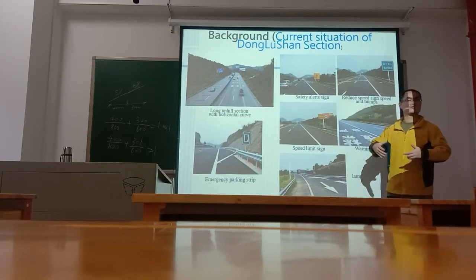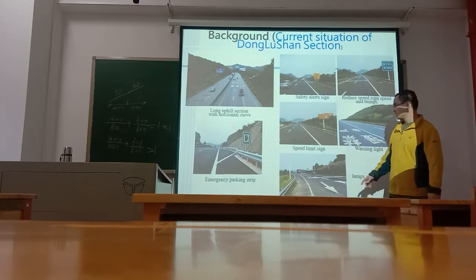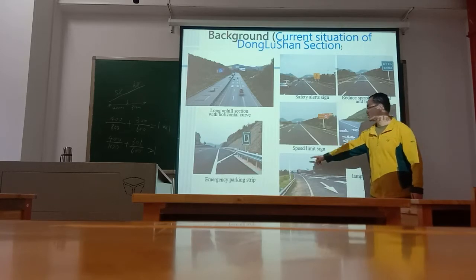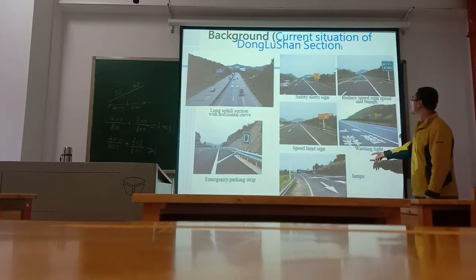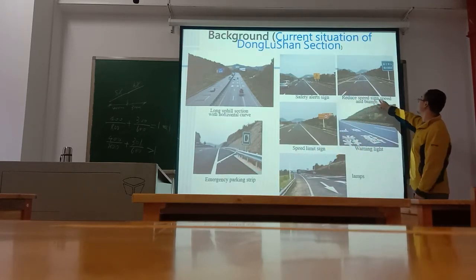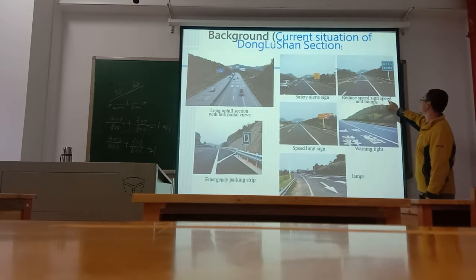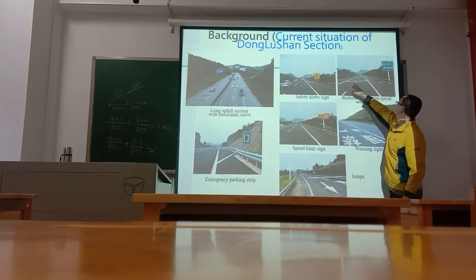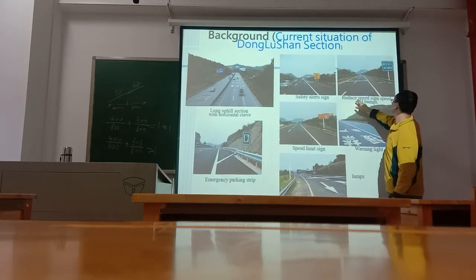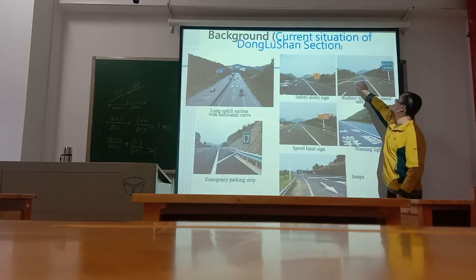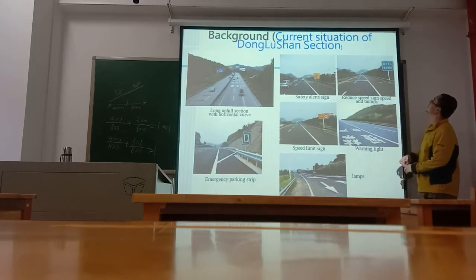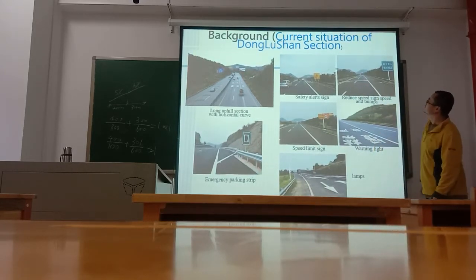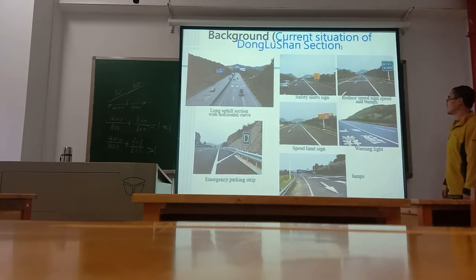Ramp is for interchange. Then there are signs to reduce speed, and speed bumps. This is the sign, and the warning light.